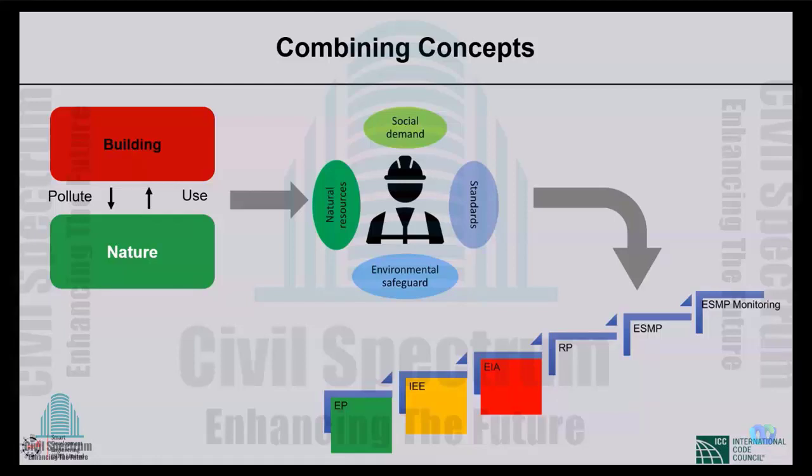So, buildings and nature. In the construction of buildings, we want to use from nature the water, air, and land, but we also have pollution from our infrastructure developments going to the nature. So these two need to be balanced, so that we can reduce or stop pollution and keep it within the standards.